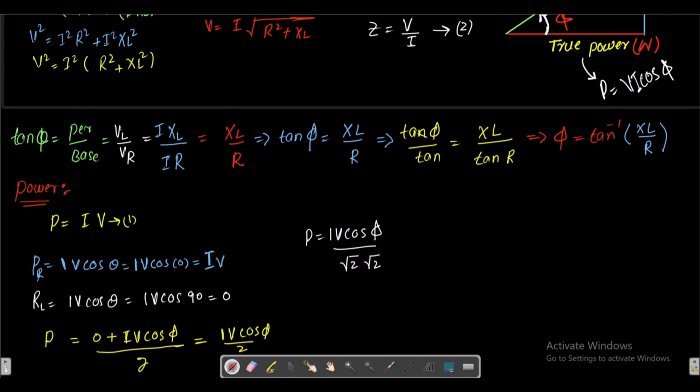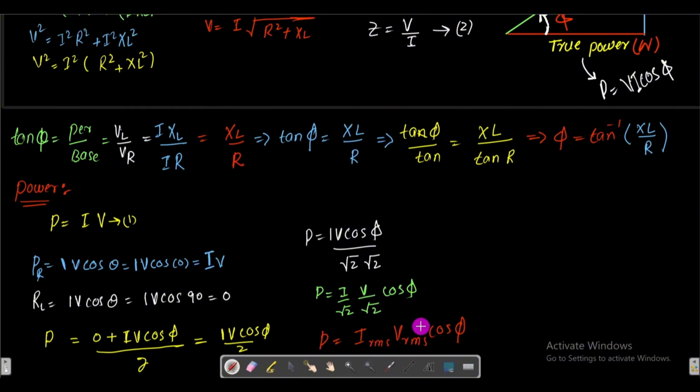So from here we can write that P is equal to I divided by square root of 2 and V divided by the remaining square root of 2 into cos of phi. So I by square root of 2 is actually the RMS value, so P is equal to I RMS and V RMS into cos of phi.